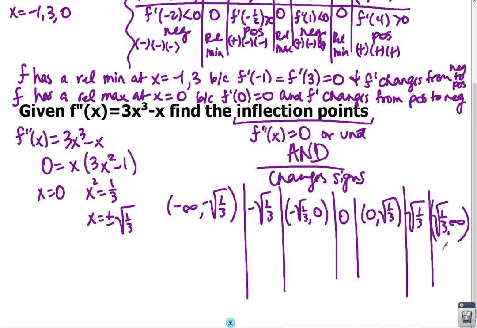Okay. I know that my second derivative is equal to 0 here, here, and here. So I just need to find out what is happening on these 4 intervals.